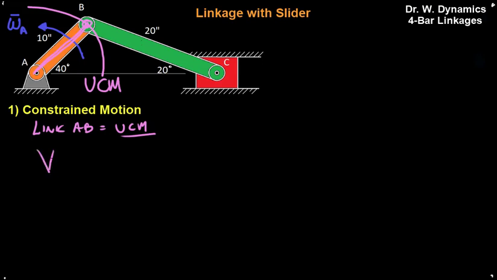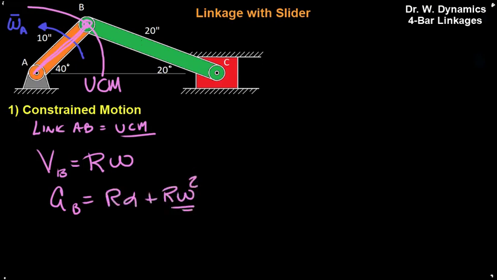As such, we'd expect its velocity at the end to be r omega, and the accelerations to be r alpha plus r omega squared types. That would be a tangential acceleration, and that would be a centripetal type acceleration. So identifying point B as undergoing uniform circular motion helps us to understand the types of velocities and accelerations it can experience.